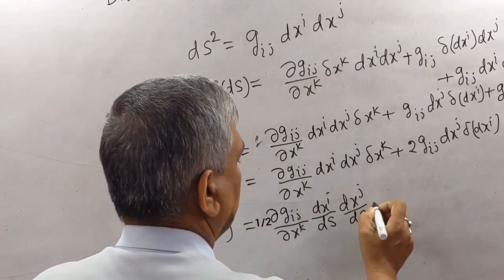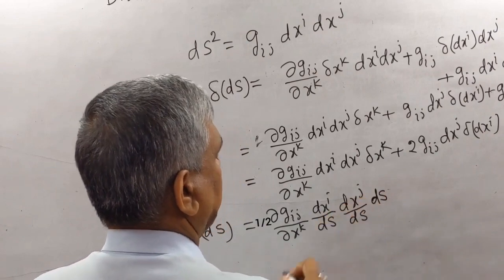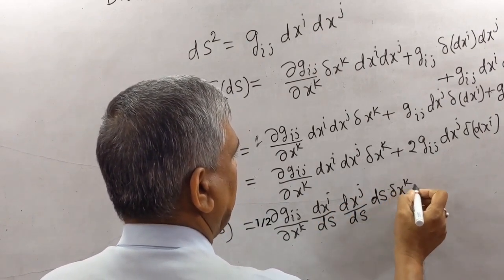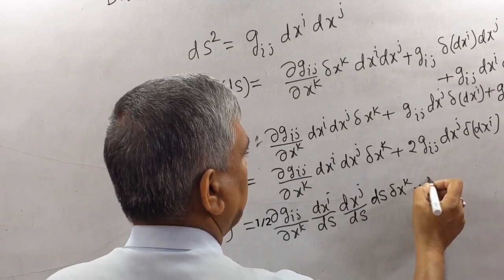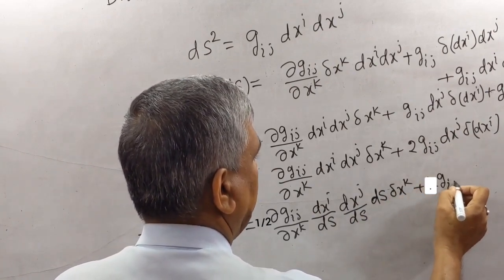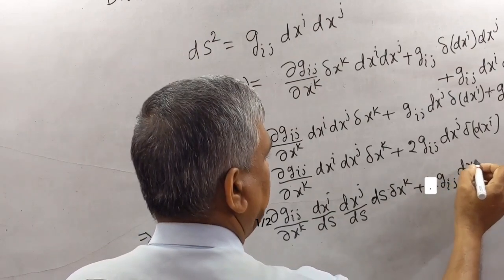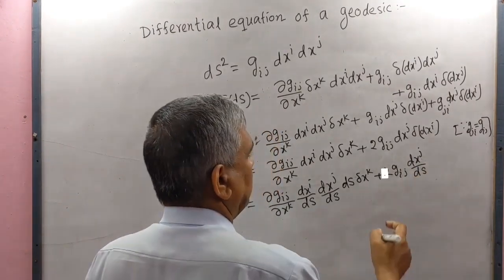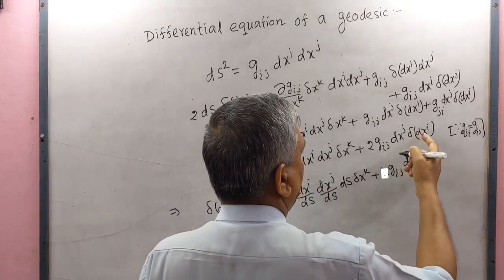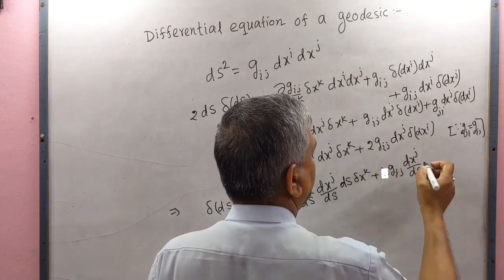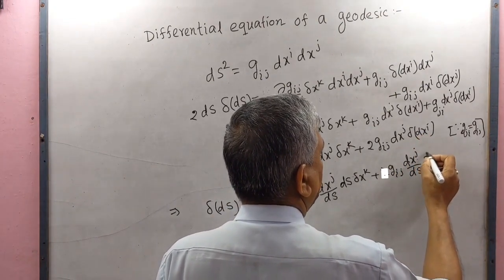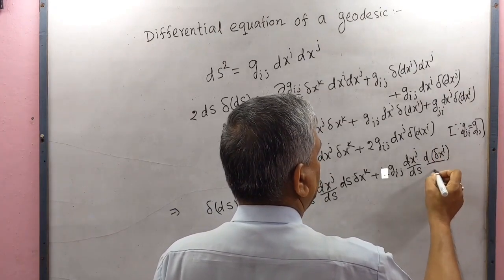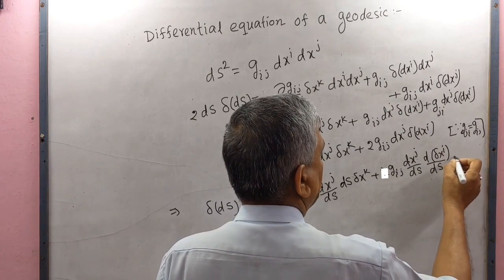So ds adjustment, del xk plus 2 gij dxj by ds. Here these two operators are commutative, so we may write d delta xi by ds.